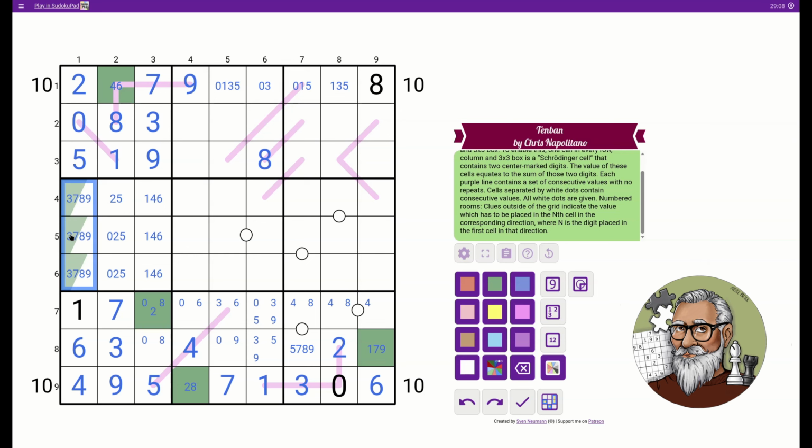Need to figure out where the green cells are, right? I'm not sure if I can. Anything worth pencil marking? It doesn't look like it. It doesn't look like it.